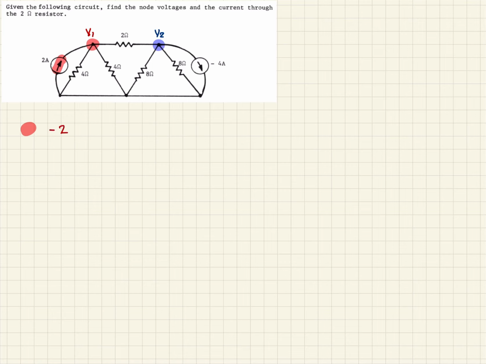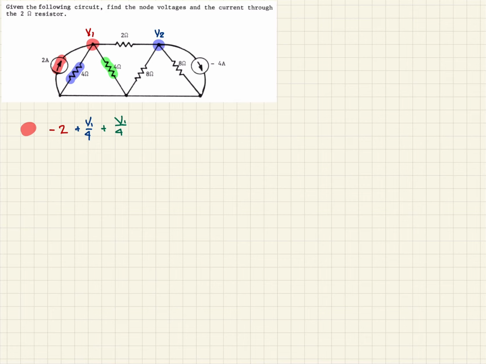And then moving around here, we have this 4 ohm resistor, and so we can write the current through that as V1 over 4. And again, moving down, we have another 4 ohm resistor. So then that's going to be plus V1 over 4.